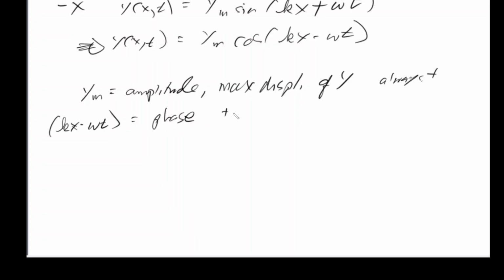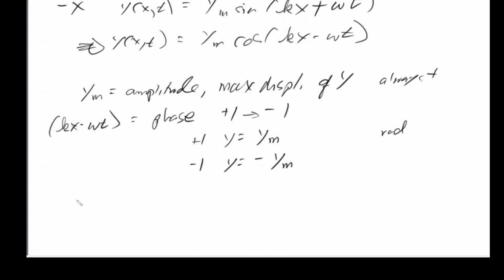And the sine of the phase goes from +1 to -1 and back. When it is +1, then y simply equals ym. When it is -1, then y is equal to minus ym. And the units for the phase are radians.